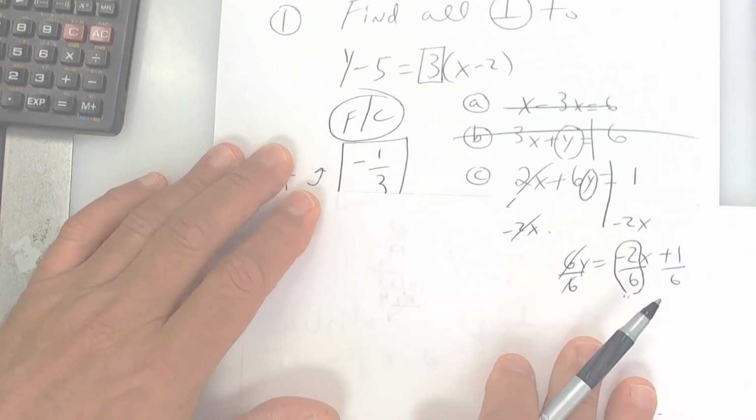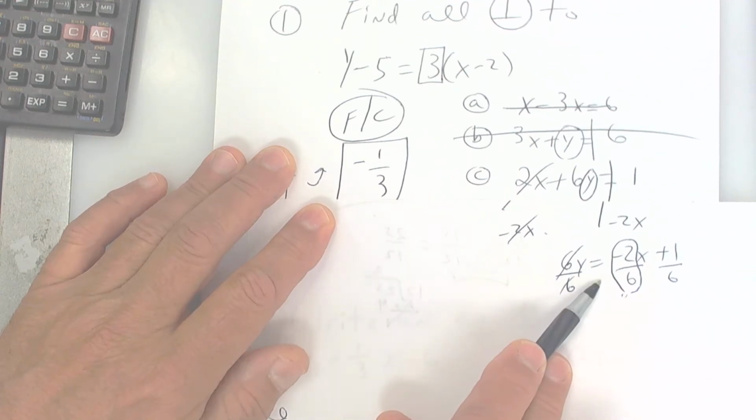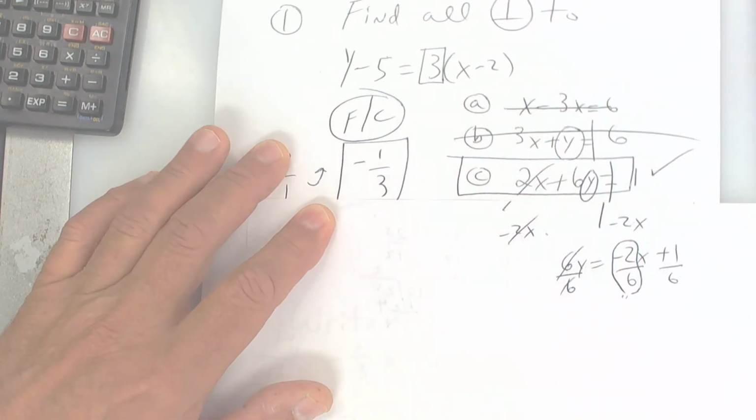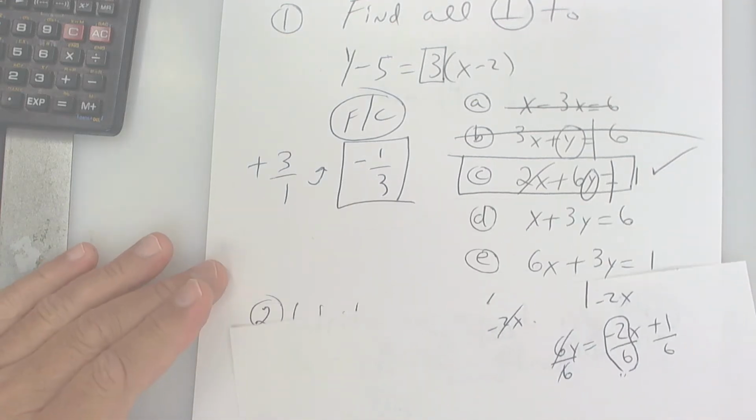Is this the same as this? Yes, it is. You got to reduce it. So this is one answer. Yes, this works. But they're tricky. They want all of them. So you got to keep going. Memorize the process.